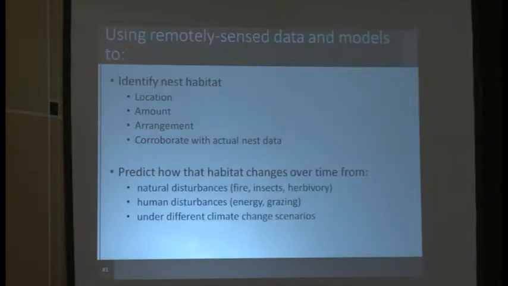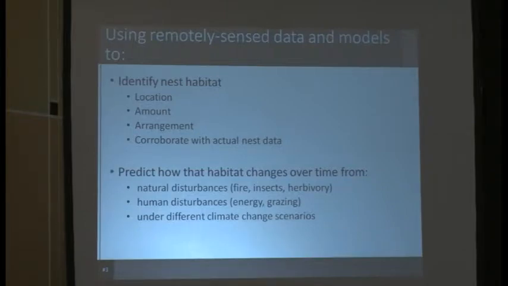I'm going to talk about using remotely sensed data and models to identify nest habitat. I'll give you some examples of some different raptors where we've done that, in terms of amount, location, arrangement, and also the potential to corroborate that with actual nest data.